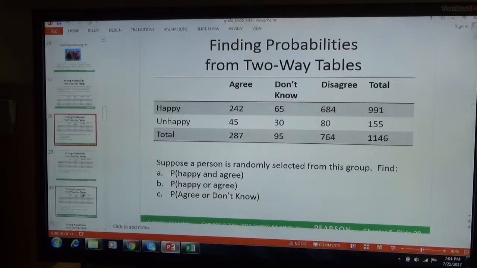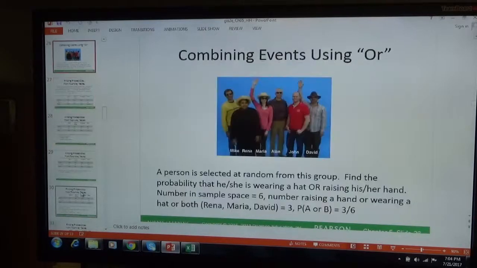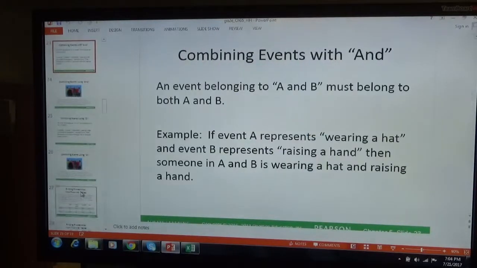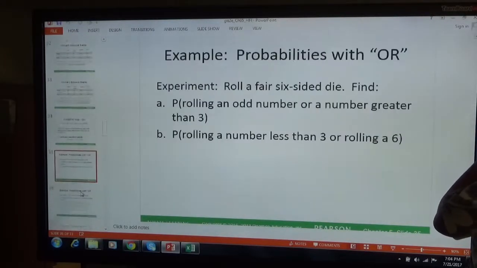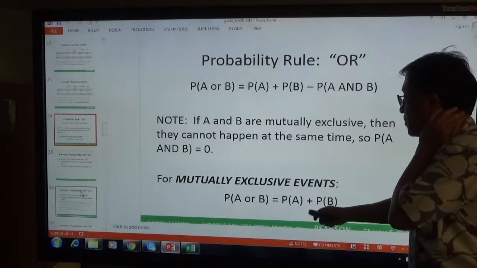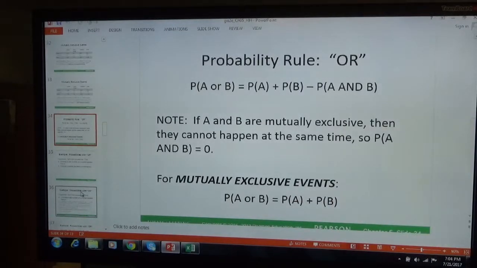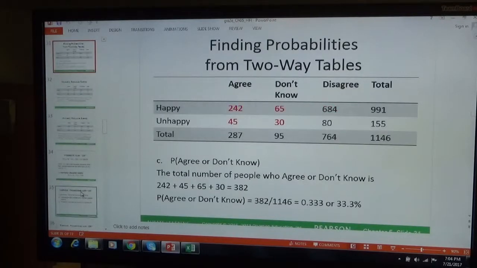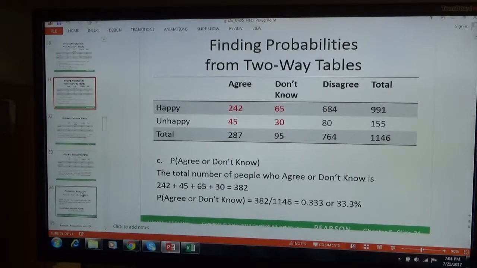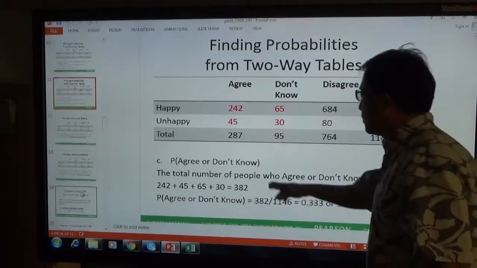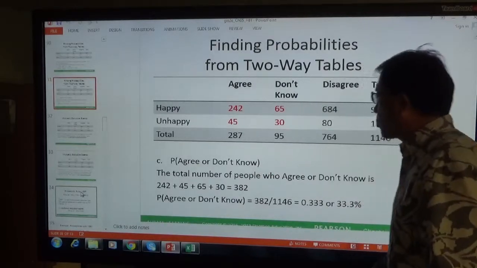Remember, for mutually exclusive events, how to find the probability of A or B? Just add them together. For part C, we need to find the probability of agree or don't know.